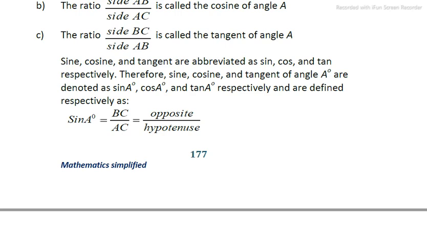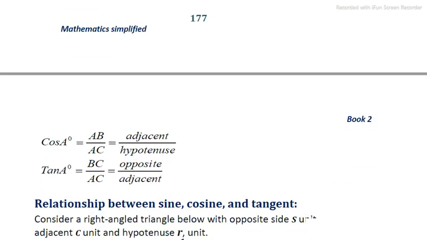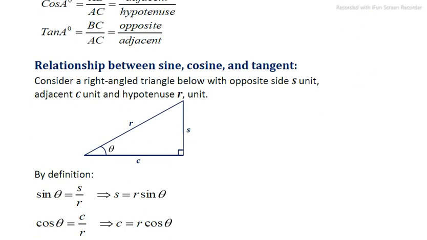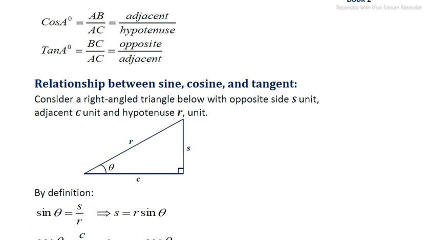So when I say sin A, I mean the sine of A. When I say cos A, I mean the cosine of angle A. And when I say tan A, I mean the tangent of angle A. And we've seen that sin A equals opposite over hypotenuse, then cos A equals adjacent over hypotenuse, and tan A equals opposite over adjacent.